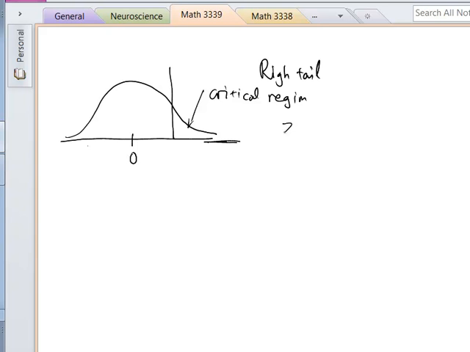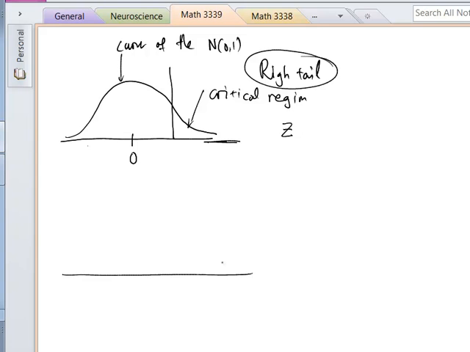So since we use in proportion z, this curve is the curve of the standard normal, and therefore the critical region should be on the right for a right tail test. Now for a left tail test, that should be on the left.